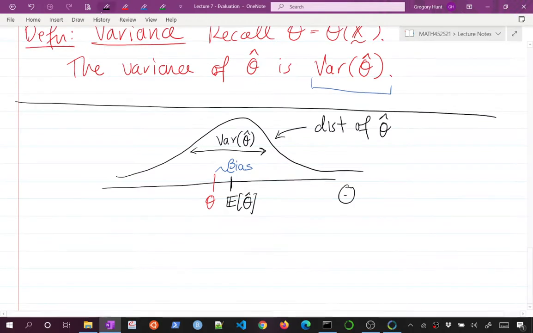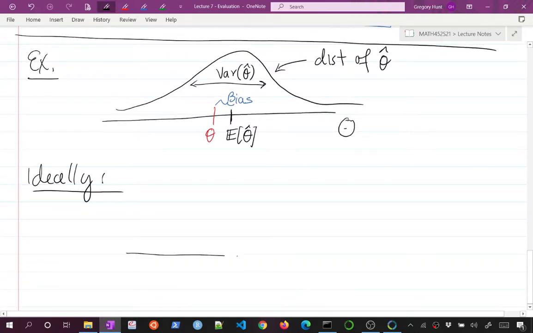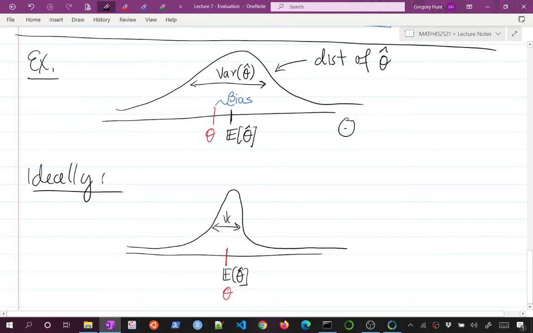Ideally, what we'd have is a situation where the expected value of my estimator coincides with theta, so they coincide at the same point here, and the variance is small.